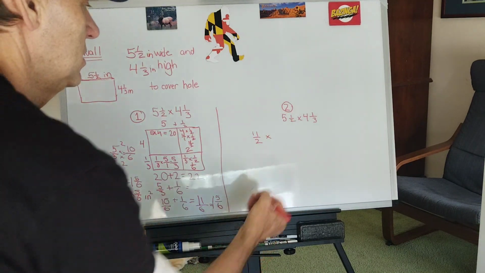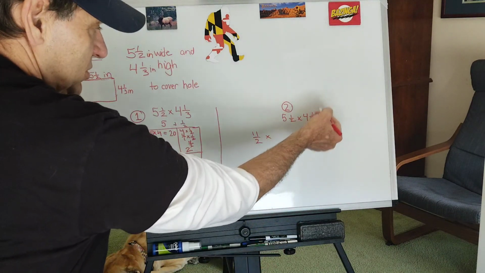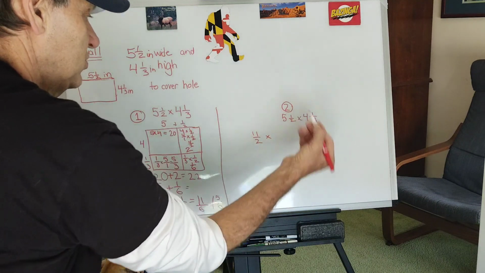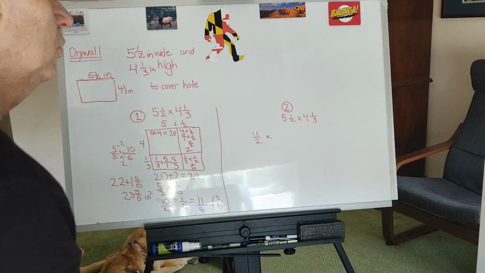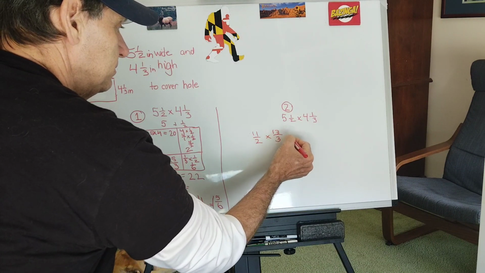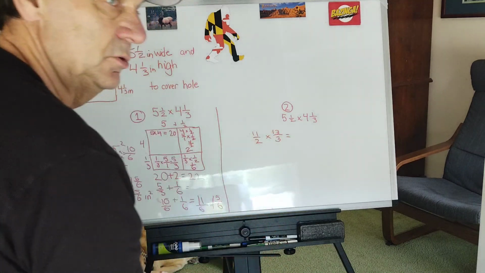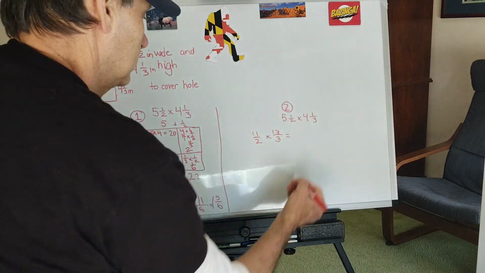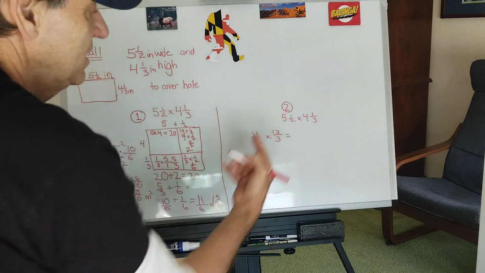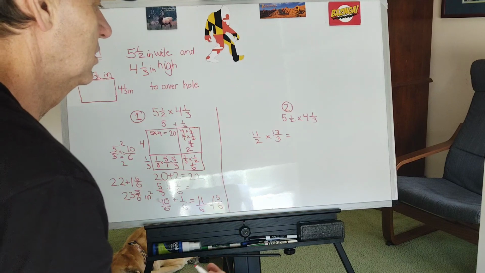Then 4 1/3: 3 times 4 is 12, because there's 3/3 in every whole, plus 1 more is 13/3. Now we have to know a little bit about multiplication to do 11 times 13. But I knew 10 times 13 is 130, and one more 13 would be 143.